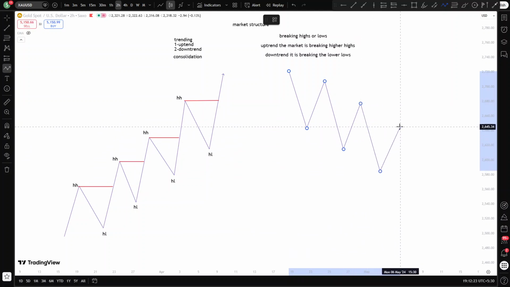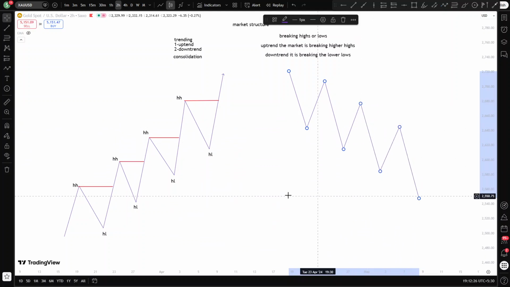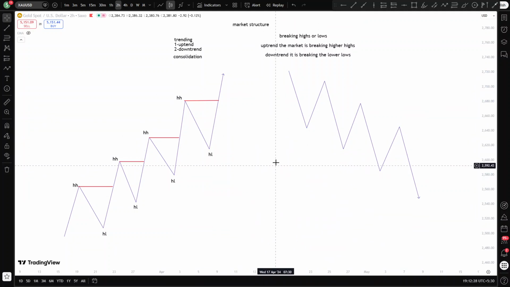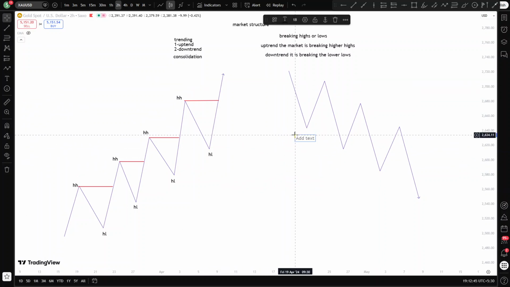We say that when the market is in an uptrend, it is breaking the higher high. So when it is in a downtrend, it is doing the opposite of what it was doing in an uptrend. This time around, the market is breaking the lower lows.